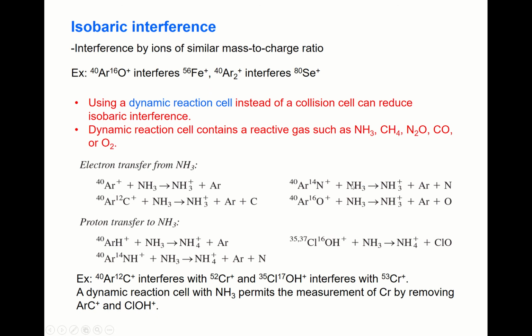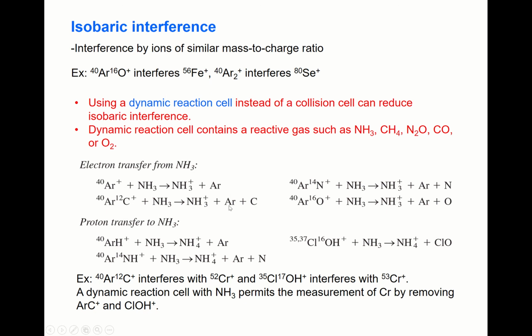And if the argon carbon molecular ion is formed, it reacts with ammonia and takes the positive charge, and as a result, argon and carbon atomic gas is formed.